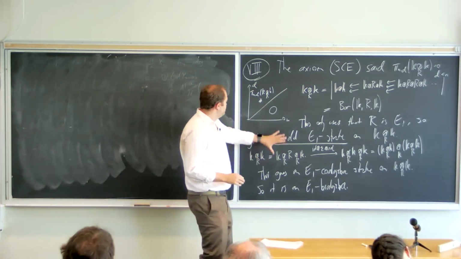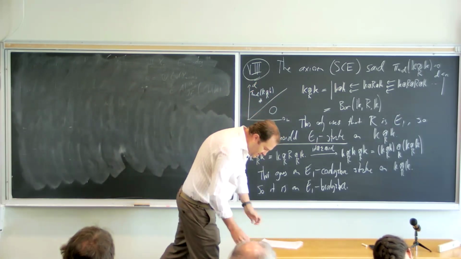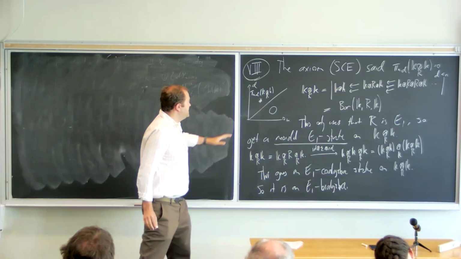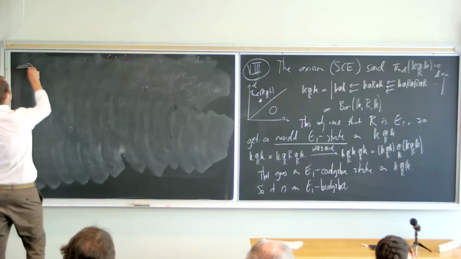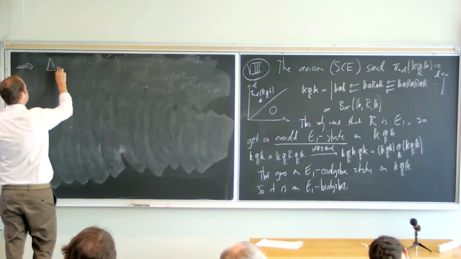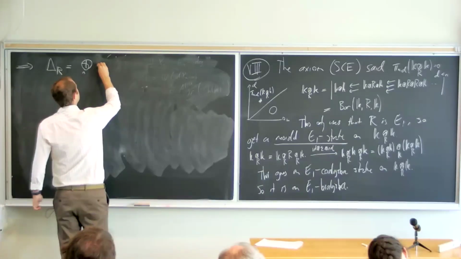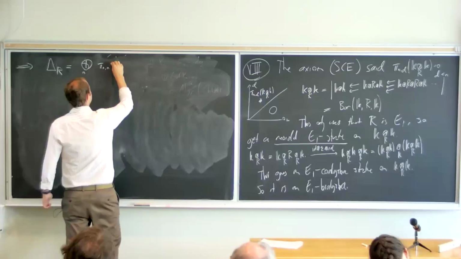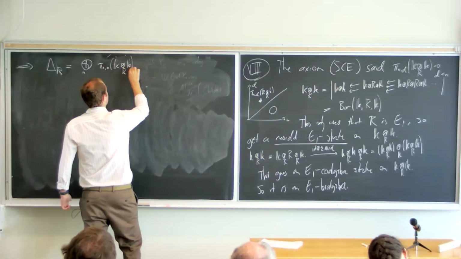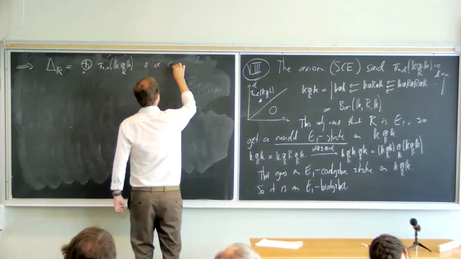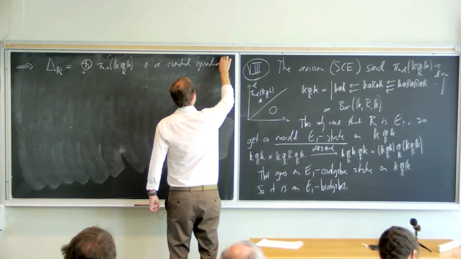So the homological groups of this object are distributed all in this region above the diagonal, but in particular, I can focus on the homological groups that are exactly on the diagonal. So this implies what I call delta R, which just means the diagonal homotopy groups of this object, is a connected graded Hopf algebra.